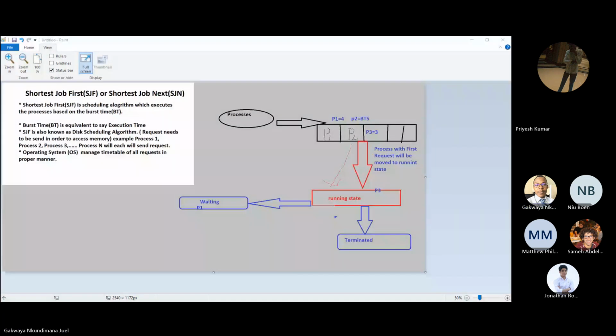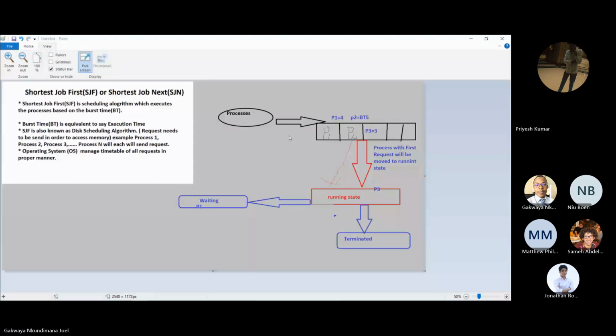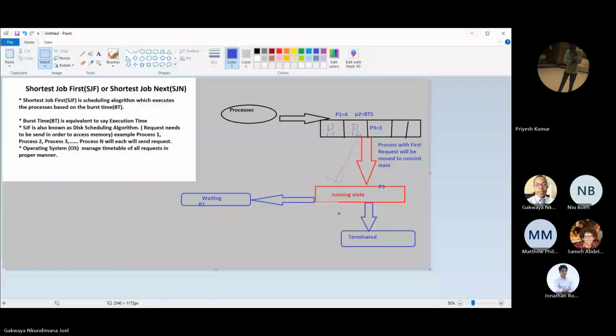So I think this one, if you want, I will send to you. This is shortest job first.